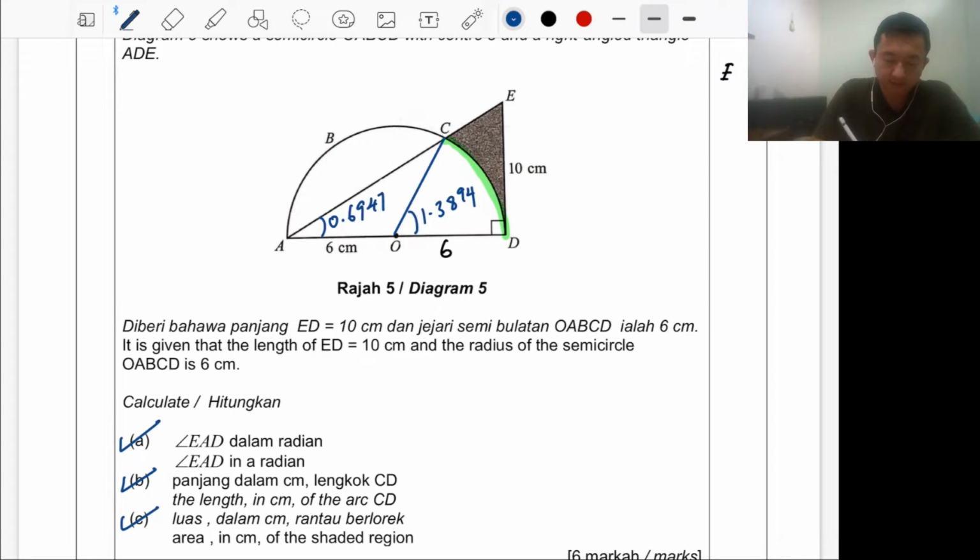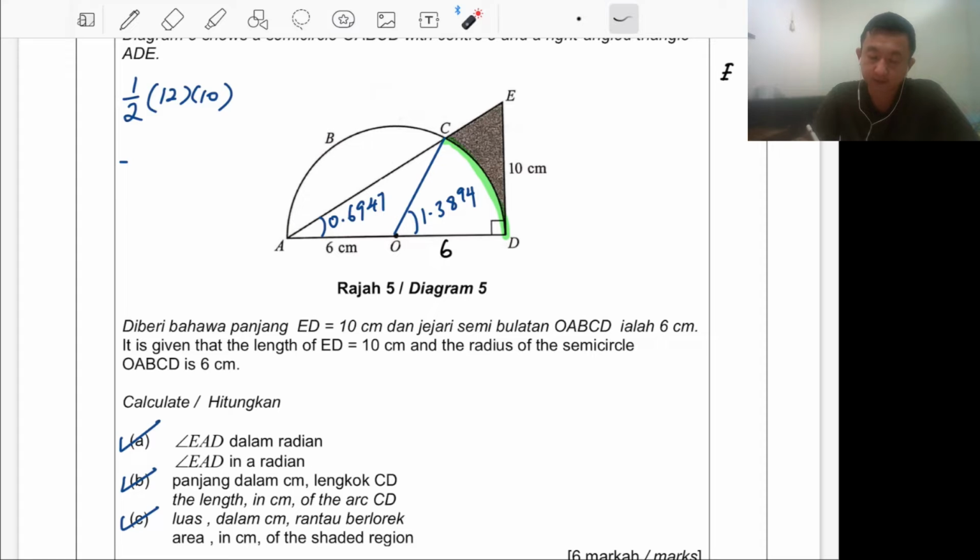Area of triangle is simple, 1 over 2, the height 12, the base 10. Minus the area of a sector.